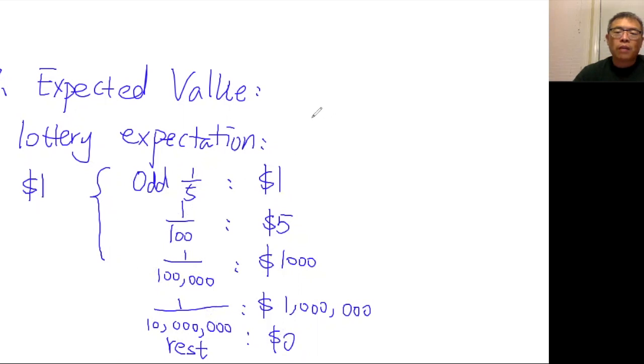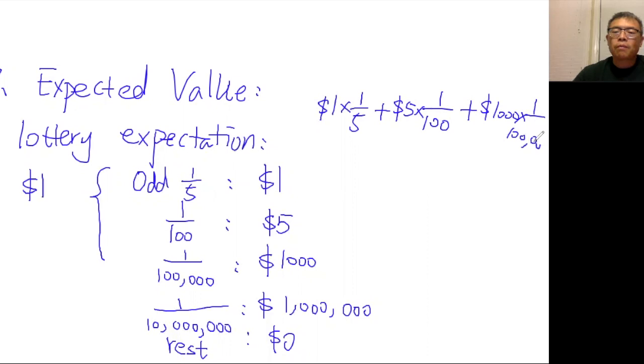So you have $1 multiplied by 1/5, plus $5 multiplied by 1/100, and then $1,000 multiplied by 1/100,000, and then finally $1 million multiplied by 1/10 million.